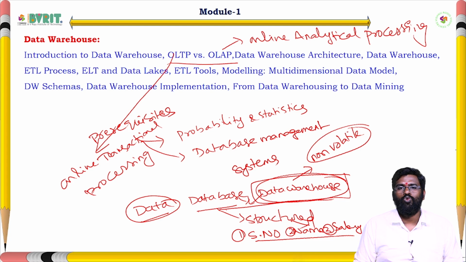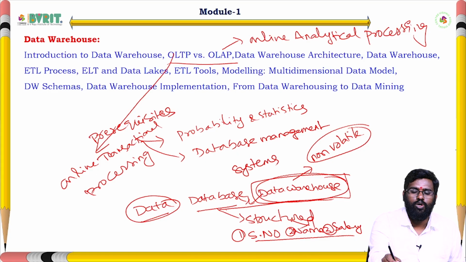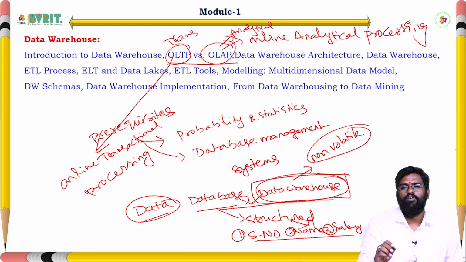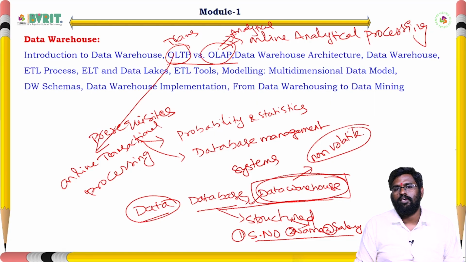It is used to analyze what process is going on and what data will be stored. Everything needs to be analyzed by using OLAP. It contains all the analytical processes, based on the current data and previous historical data, and we have to produce the data for this.